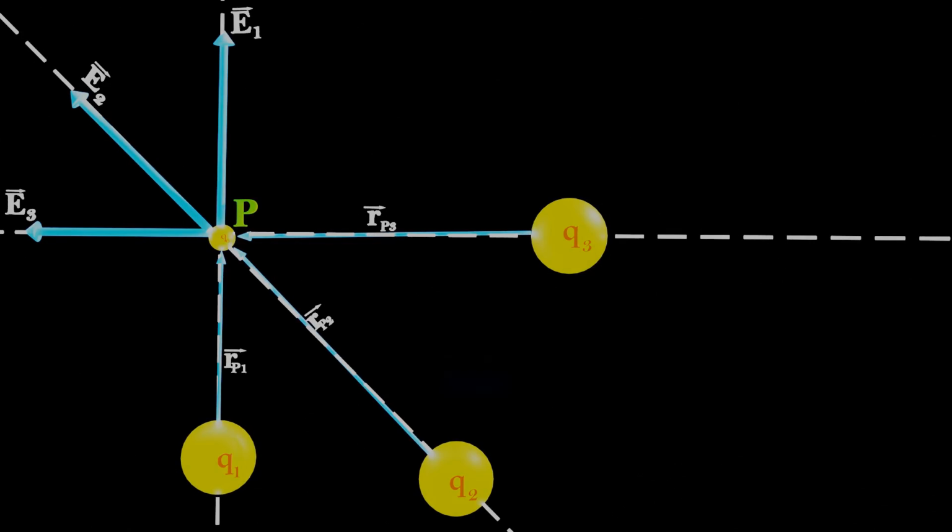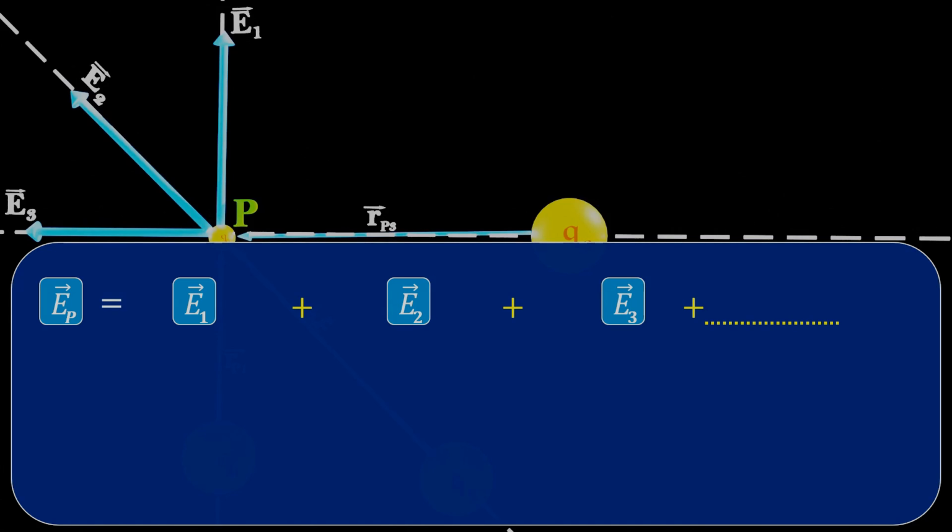Now, we can simply apply the superposition principle, which states that the total electric field at point P, denoted by EP, will be the vector sum of E1, E2, E3 and so on up to En, where n is the number of charges. Electric field E1 due to Q1 will be equal to 1 upon 4 pi epsilon naught Q1 multiplied by unit vector Rp1 cap divided by the square of the magnitude of Rp1 vector.